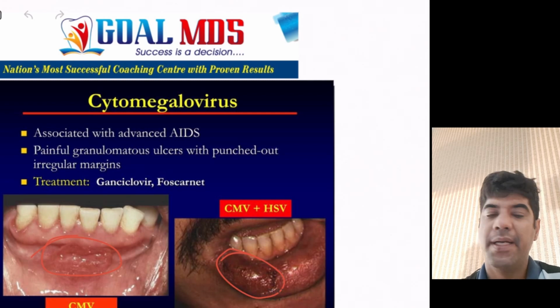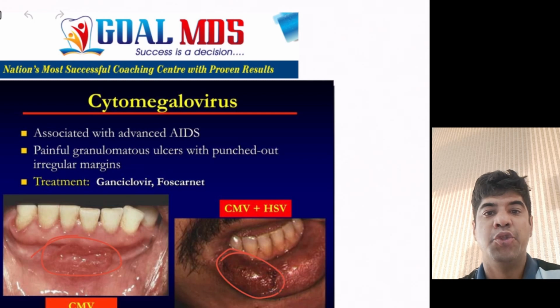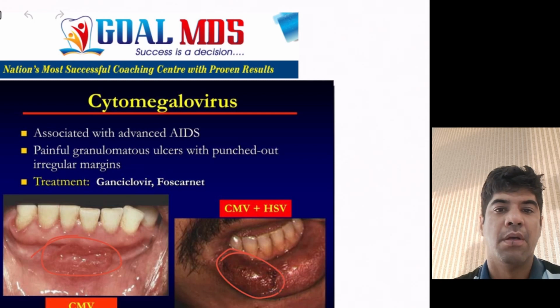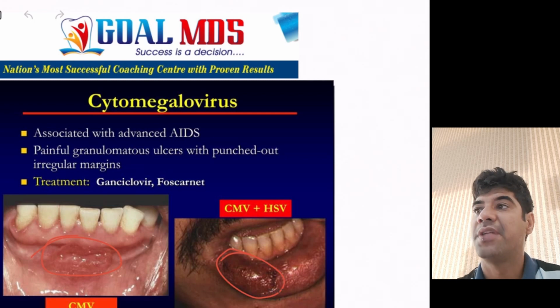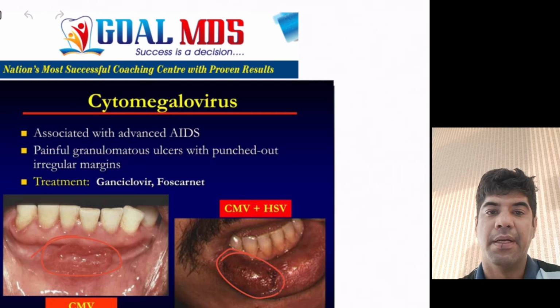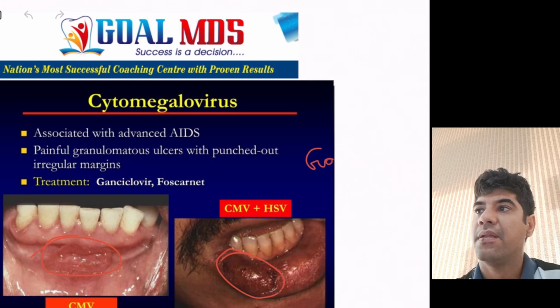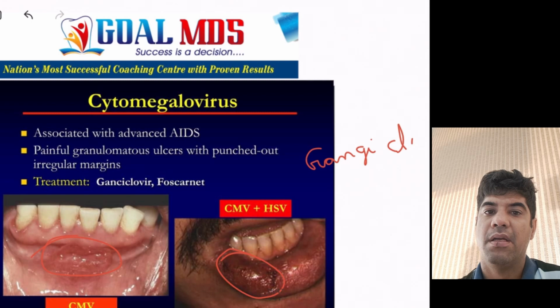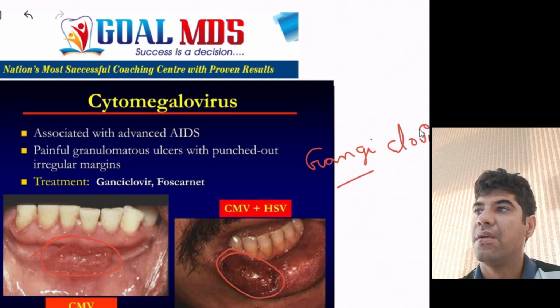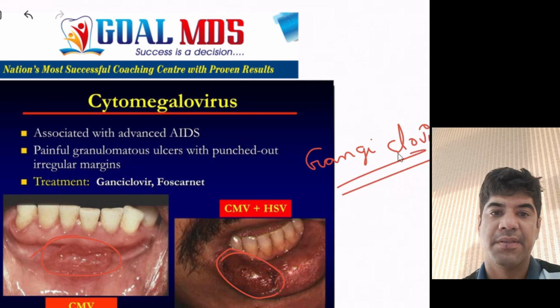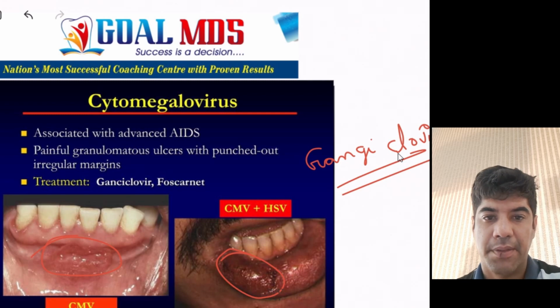So what is the treatment? The cytomegalovirus usually goes away on its own, but immunosuppressed patients may need treatment. The treatment of choice is ganciclovir and other antiviral drugs that could be given.